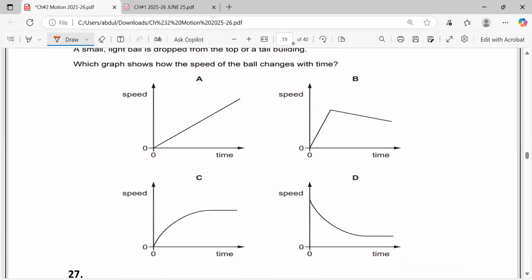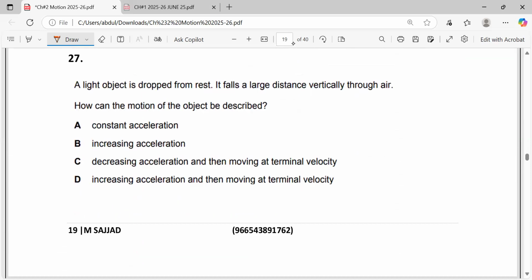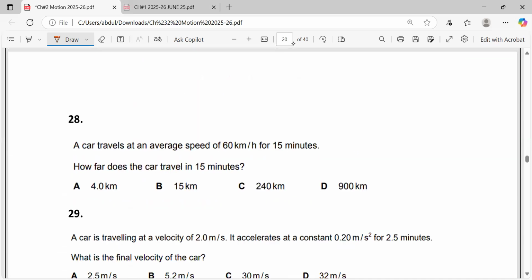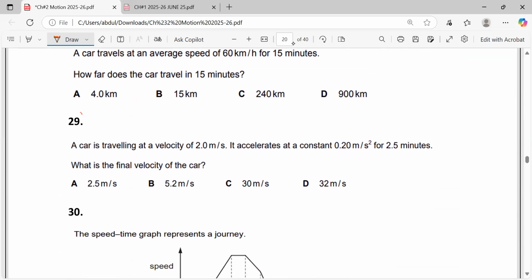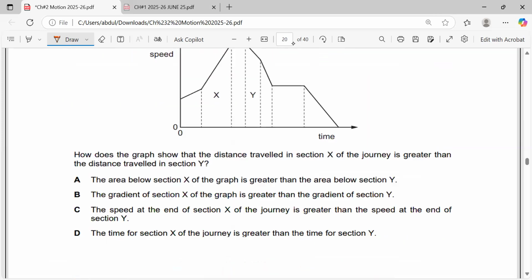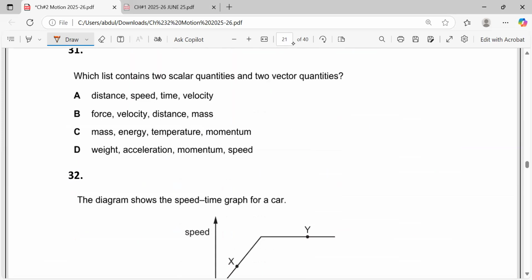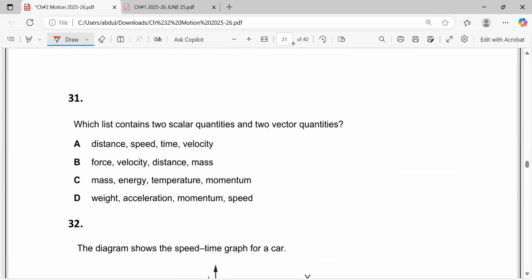Then 28. Yes. This is your homework. 29 is also your homework. 30, no. 31, yes.